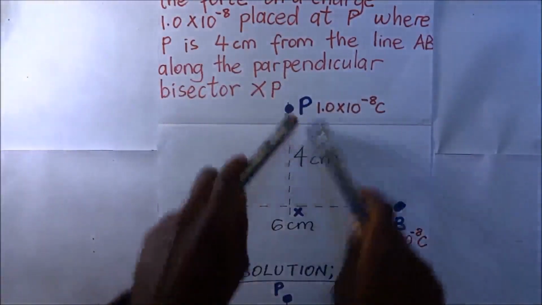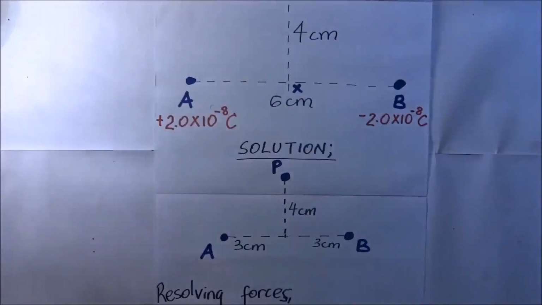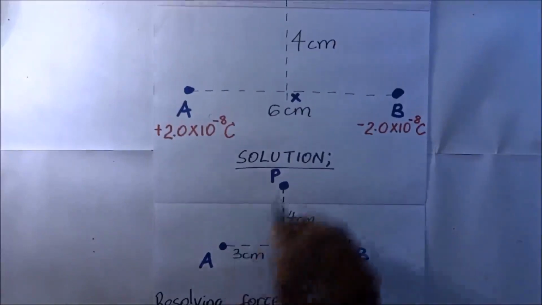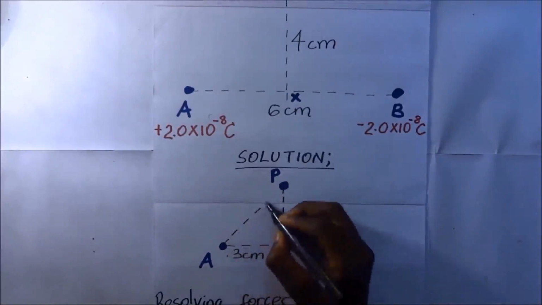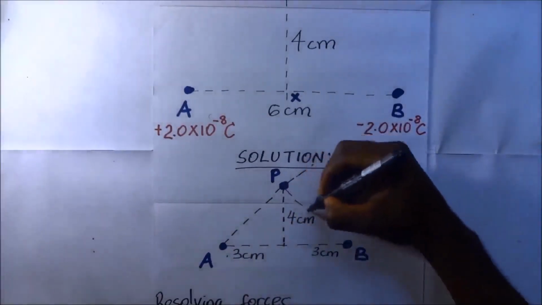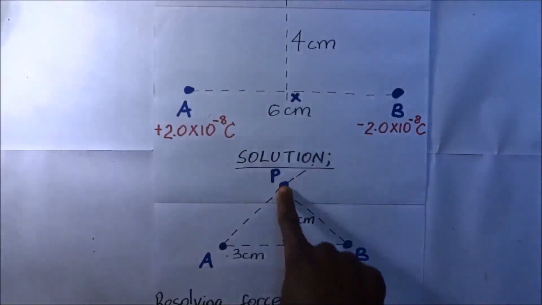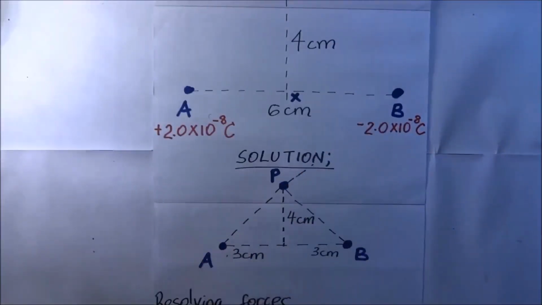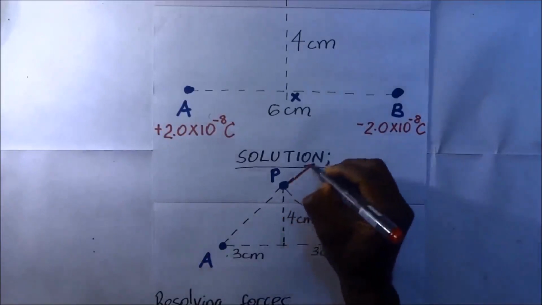If we were to redraw this diagram to show the forces acting on P, this is how it would be. The force acting on P due to A is repelling P. It is pushing it away, so it will be acting in that direction.